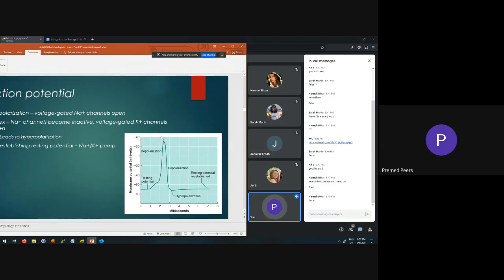What happens then? We open up voltage-gated calcium channels. Calcium is more common on the outside, so the calcium flows in, and there is a signaling pathway where that calcium then causes exocytosis of the neurotransmitters. So calcium's role is to be the transition from the electrical transmission of the action potential into the chemical transmission between neurons in the synapse. Does that make sense?